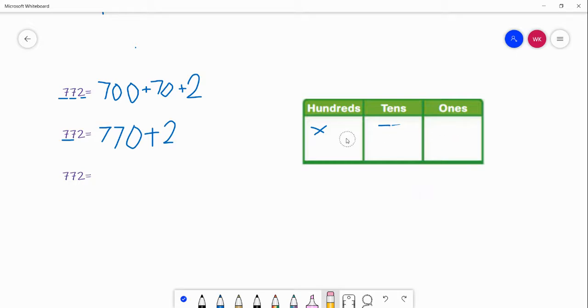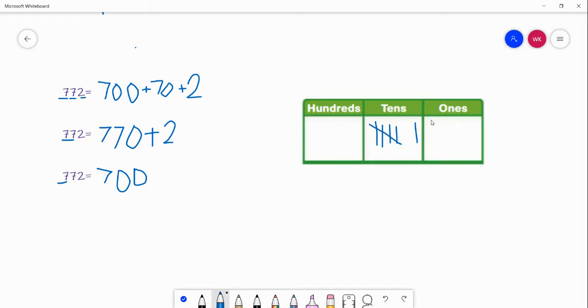Now I am going to take a ten out and give it to the ones to make our last way. So I'm just going to start with our hundreds, normal, regular. So 700, because we have a 7 in the hundreds place. And now I'm going to give a 10. So if we have 7 tens originally, I'm going to give a 10 to the ones place. So now we only have 6 tens left, because I gave 1 to the ones place.